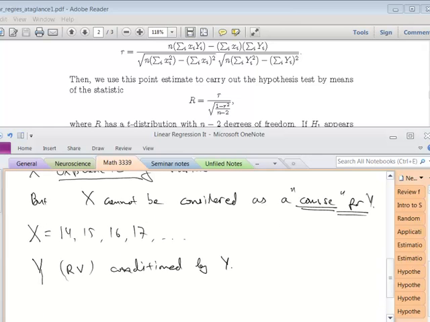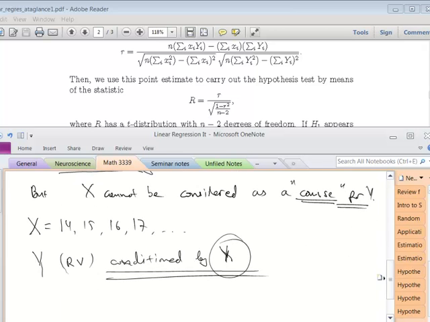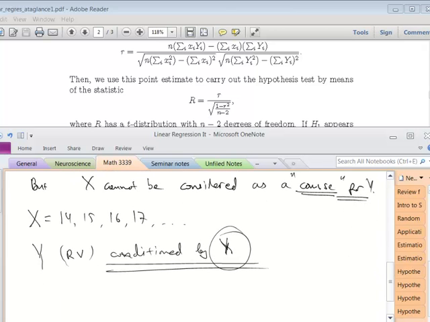What do I mean? This is exactly what explanation means. That's why we call x explanatory, because of what you will see in the scatter plot.